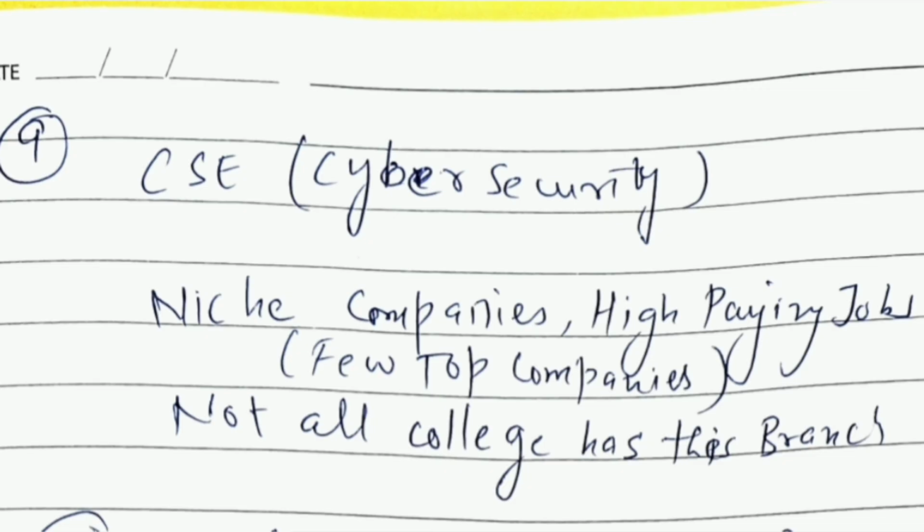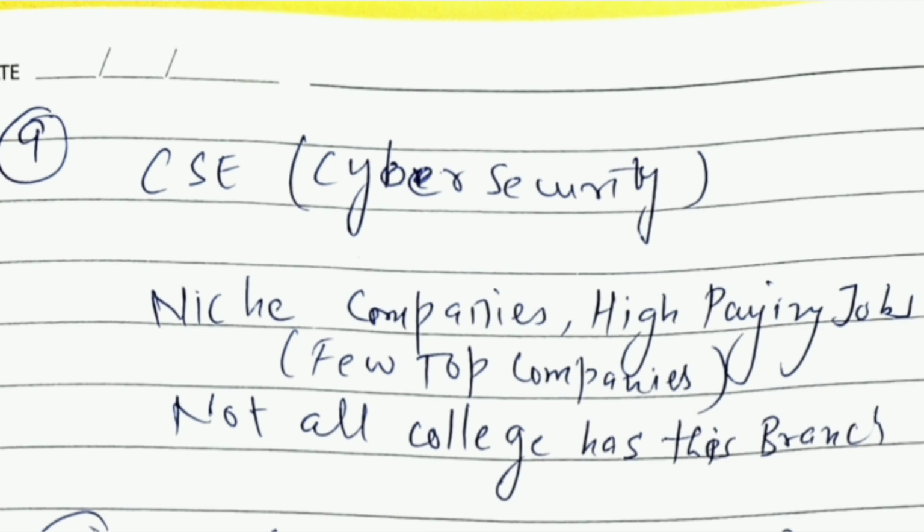Now moving further, cyber security, right? This is also very niche. When I say niche, very few companies are there, but whichever company is there, they are the highest paying jobs. You know, the hacking, right? If you are getting into this area, cyber security, forensics, and all those are very upcoming areas.